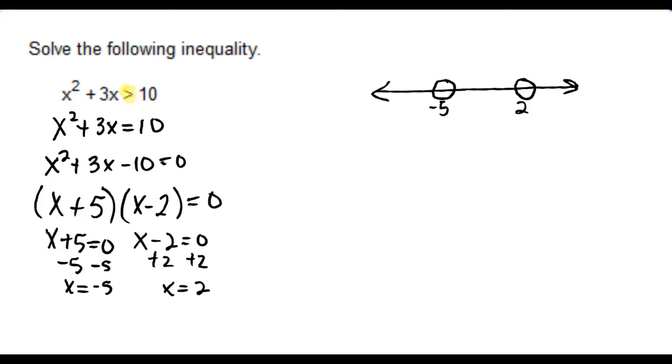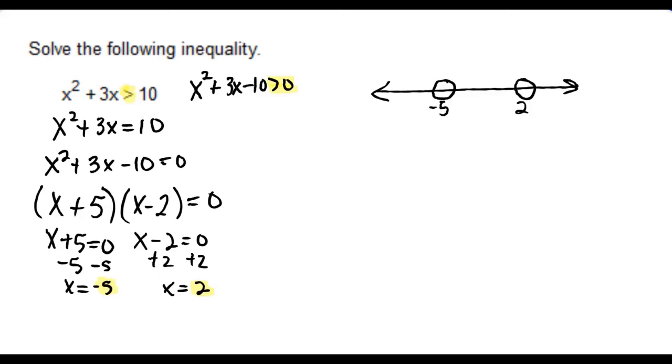So we're actually going to rewrite this as well. x squared plus 3x minus 10 is greater than 0. So we're looking for when this expression is greater than 0, and these two values that we came up with make the expression equal 0. So we're not going to include them in our solution set.